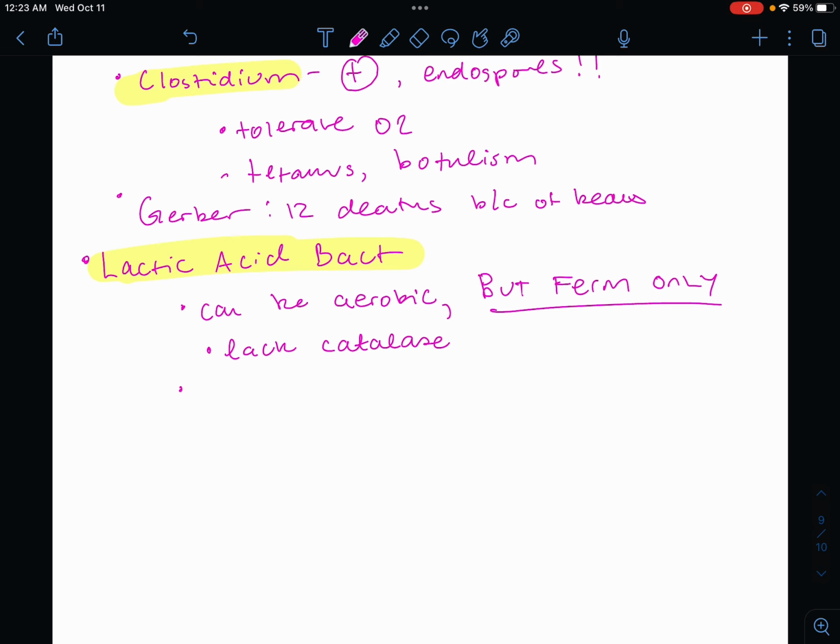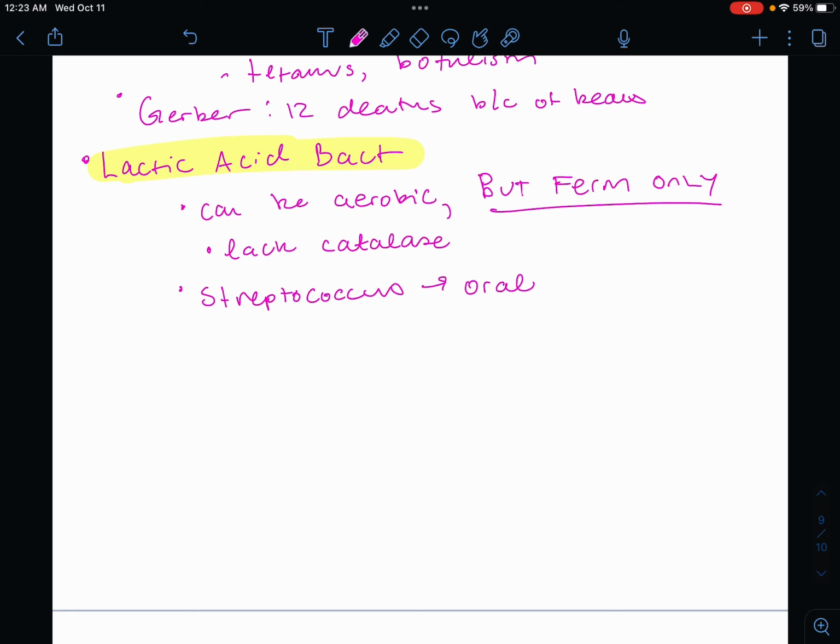Common species, or I should say genus, is Streptococcus. And these are in the oral cavity. Usually they're normal there. They're in your mouth. They look like chains. There's some that are pathogens, especially beta hemolytic ones, and Thermophilus.